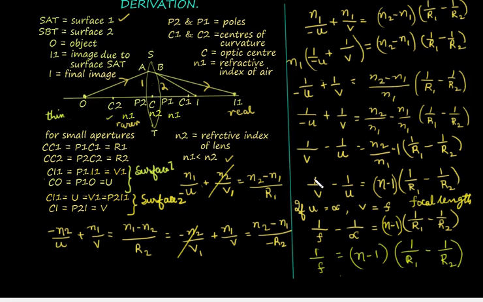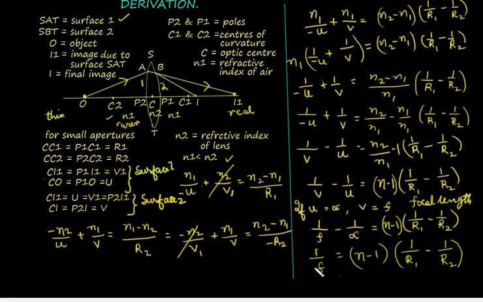So the equation becomes 1 by f instead of v, because v is equal to f, minus 1 by infinity, because the object is at infinity, is equal to n minus 1 into 1 by r1 minus 1 by r2. 1 by infinity is equal to 0, so we just omit that. So the equation becomes 1 by f is equal to n minus 1 into 1 by r1 minus 1 by r2.